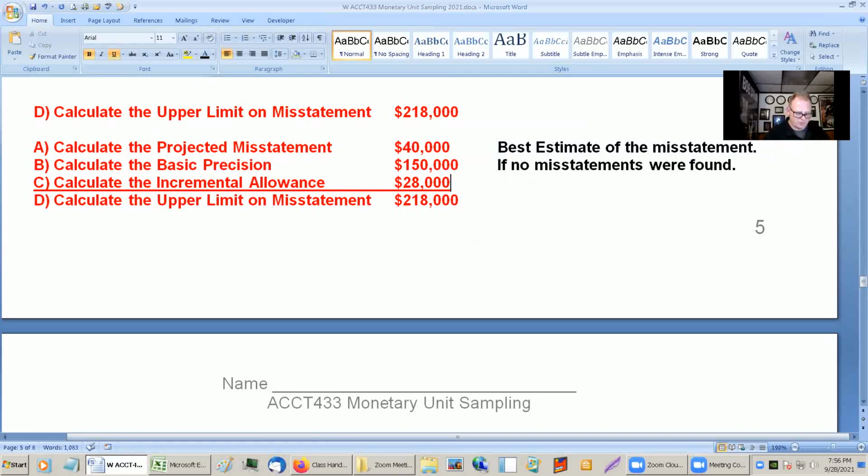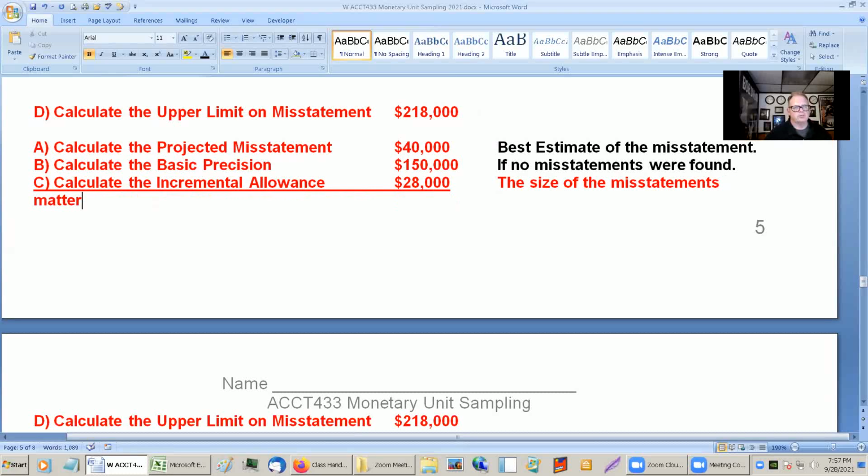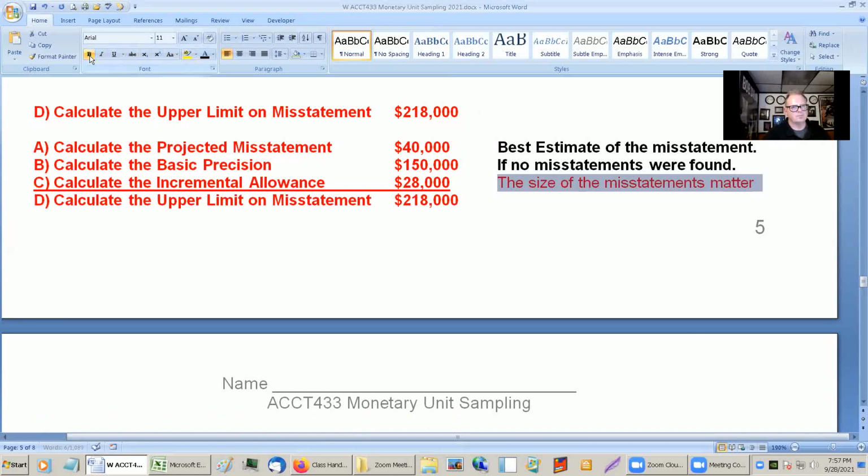And this incremental allowance is that misstatement size matters. If these are little misstatements, it won't matter very much.